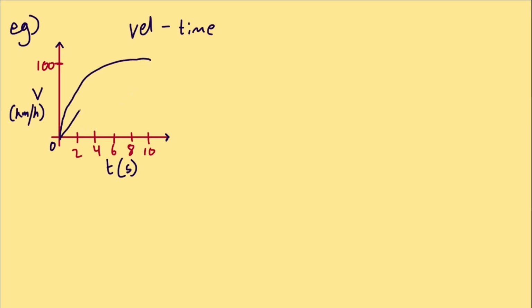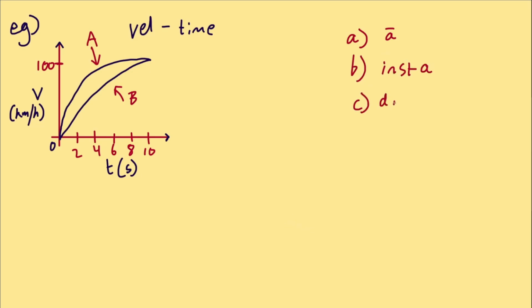Ferrari number 2 will drive like this. This will be Ferrari B, that's what we'll call it. And this will be Ferrari A. Here are the questions. First, compare the average accelerations between the 2 cars. 2. Analyze the instant acceleration between the 2 cars. Finally, compare the distance of the 2 cars.